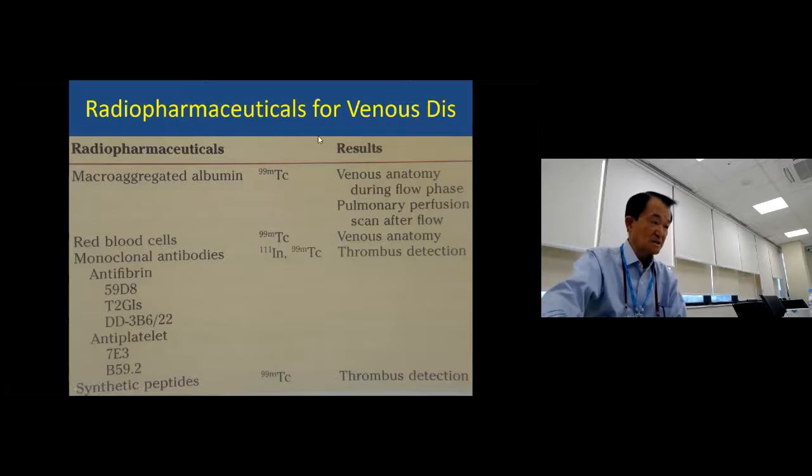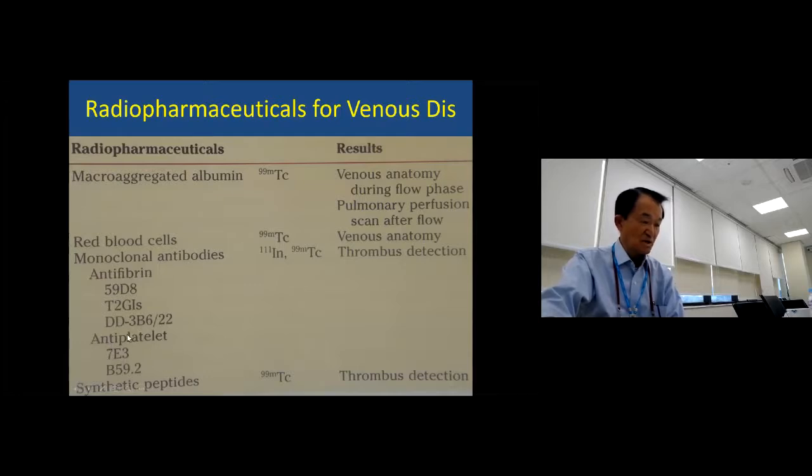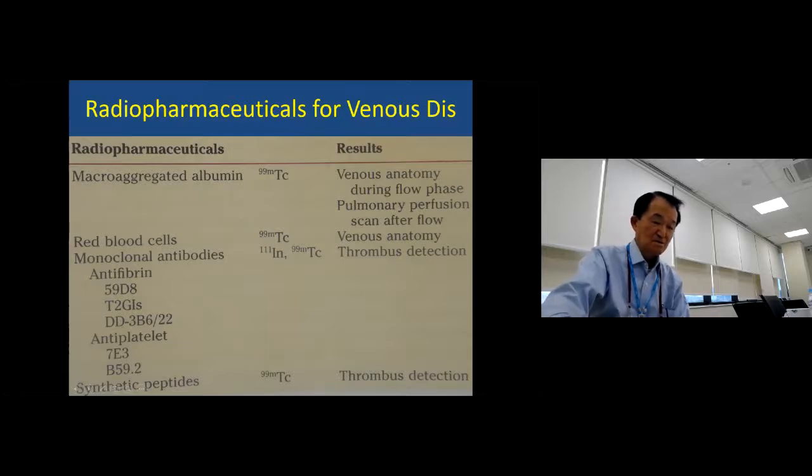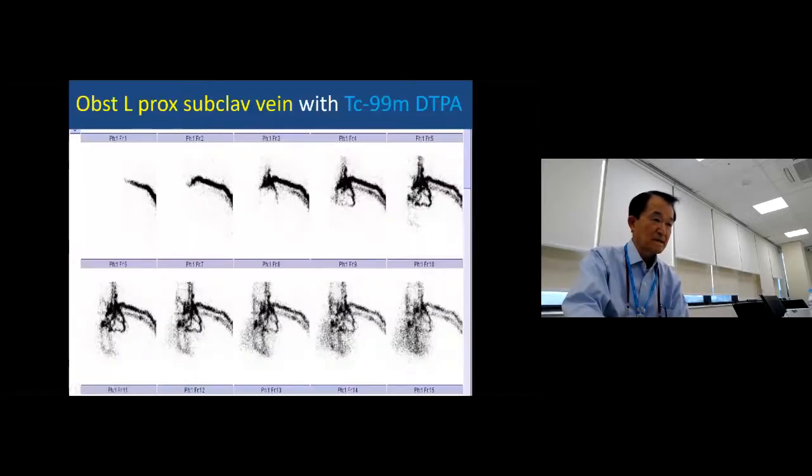So here, anti-fibrin and anti-platelet: anti-platelet is more for acute arterial, anti-fibrin more for chronic and venous. Technetium-labeled synthetic agents show acute thrombus.